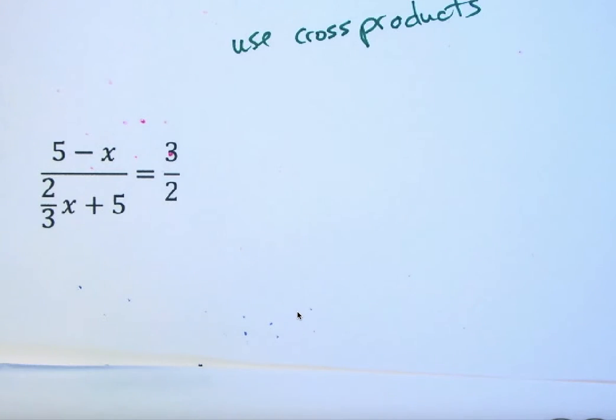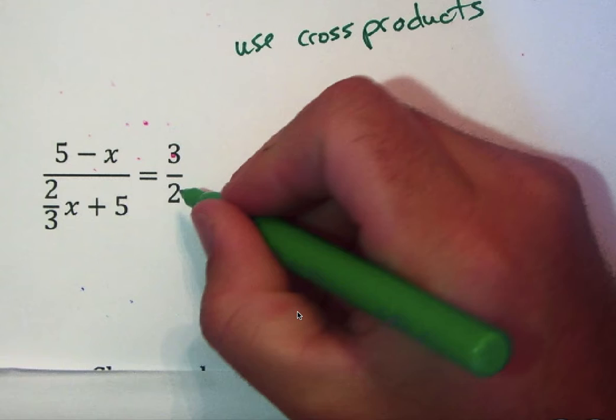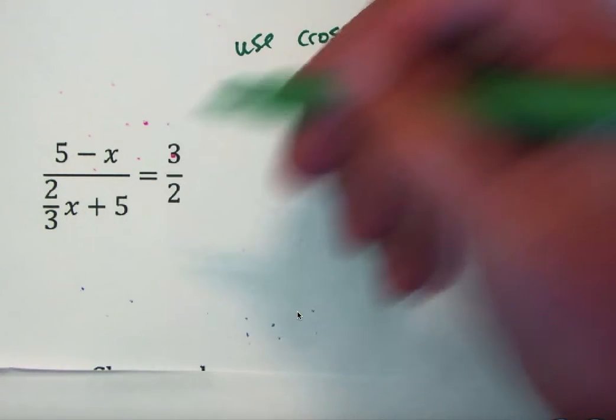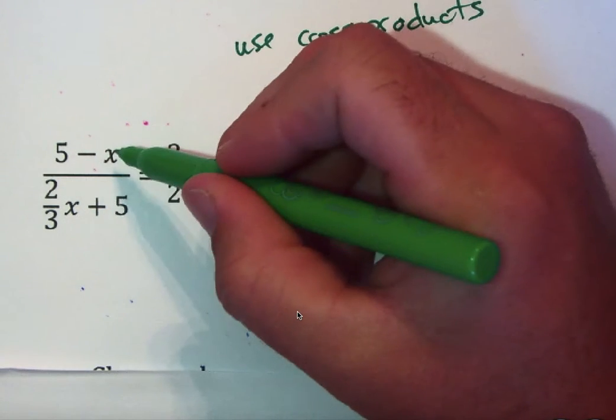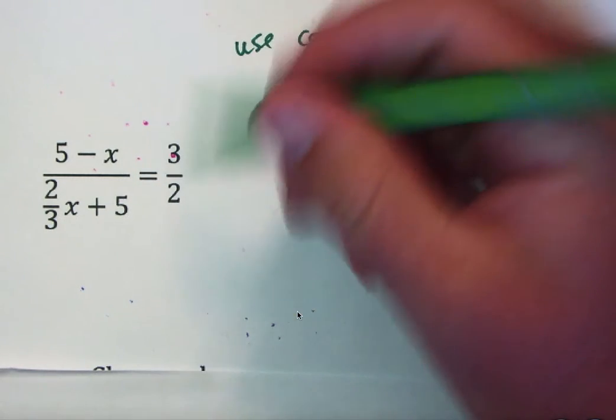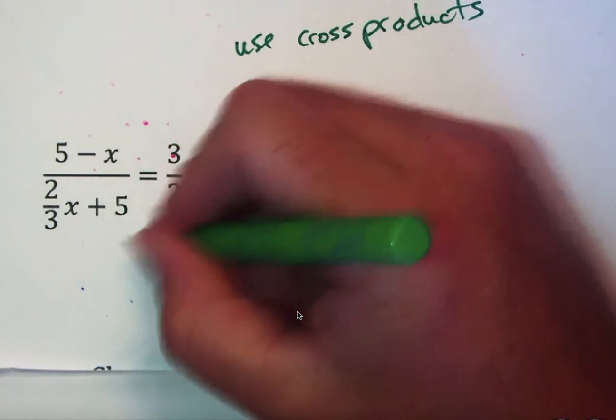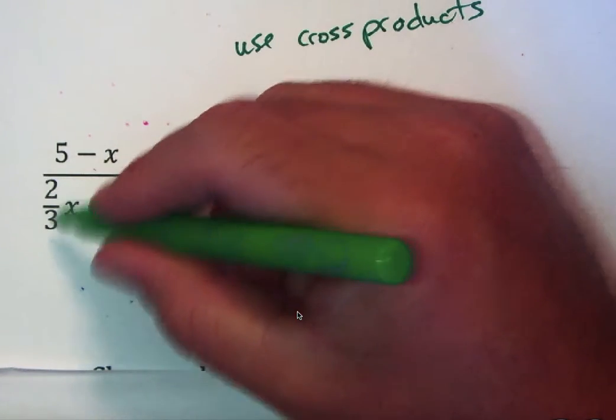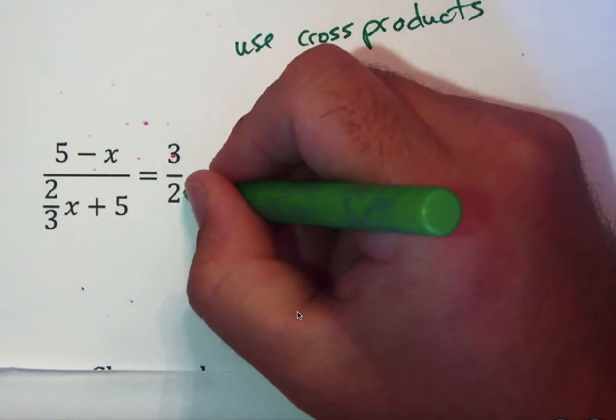Okay. Just for time-wise of the video, this is already recorded, but take a moment, pause it, but I'll get it started. Kind of tough equation. This 5 minus x over 2/3 x plus 5 equals 3/2. I couldn't guess what the answer is. Too tough. But once I notice that this is a ratio, two ratios, a proportion, I can use cross products.